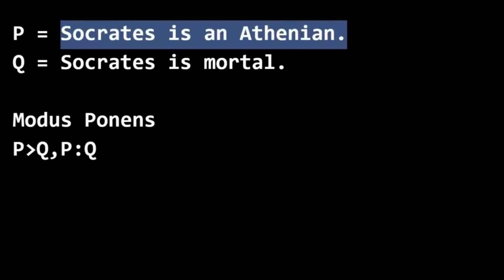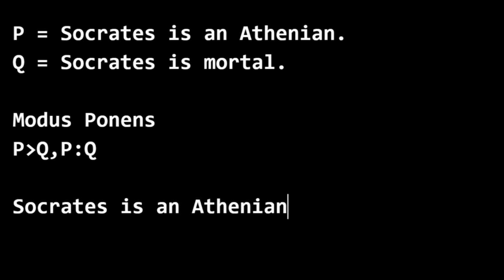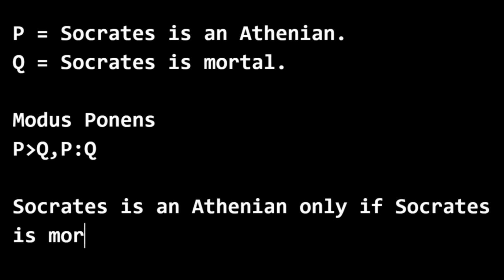And we could really put any sort of statements in here that we like, and it's going to be a valid argument. So we could say, and we'll do this in pseudo-English, Socrates is an Athenian only if Socrates is mortal.